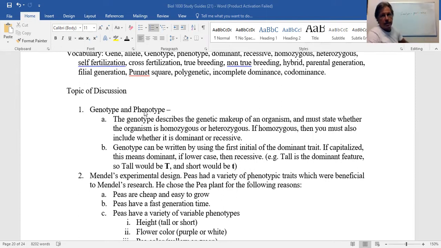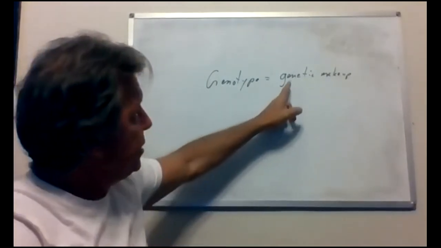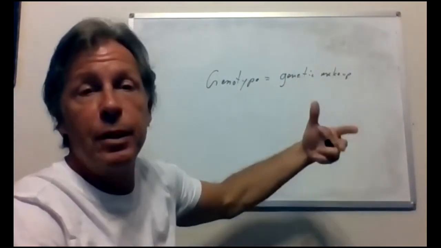A genotype describes the genetic makeup of the organism.